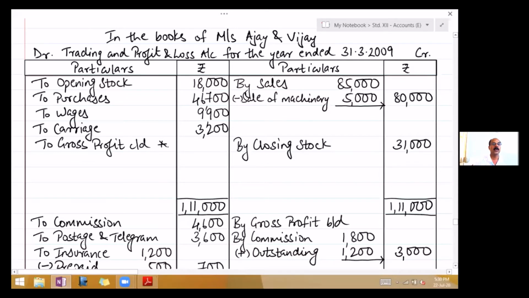So take the total: 18,000 plus 46,700 plus 9,900 plus 3,200. That's equal to 77,800. Minus 77,800 from 1,11,000, and you will get 33,200.